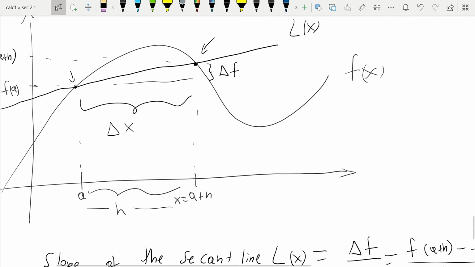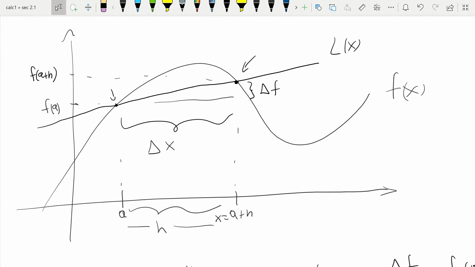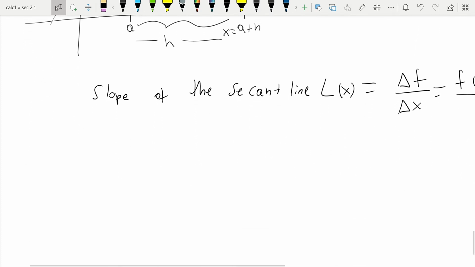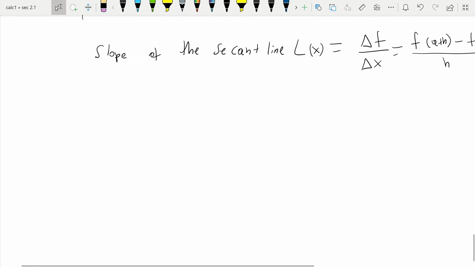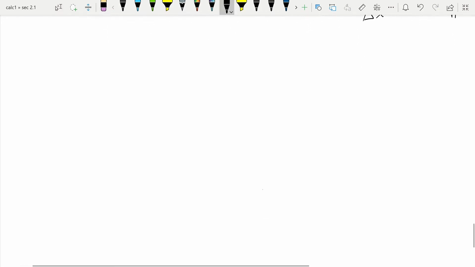Now, if we start getting closer to the point a, so if we take new values of h, let's draw the graph down here, and let me be a little bit more careful when I'm doing things.